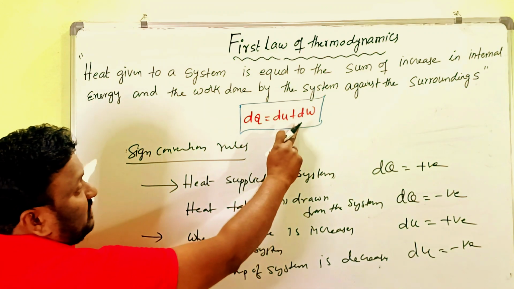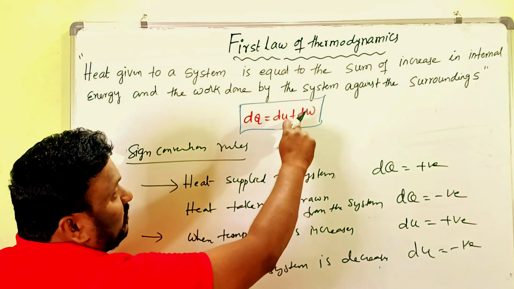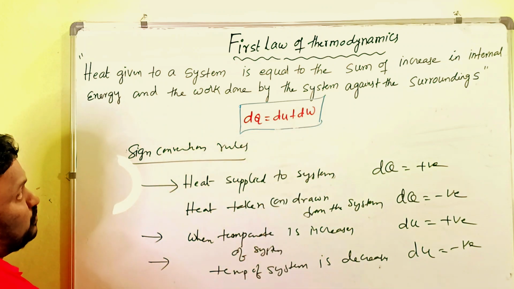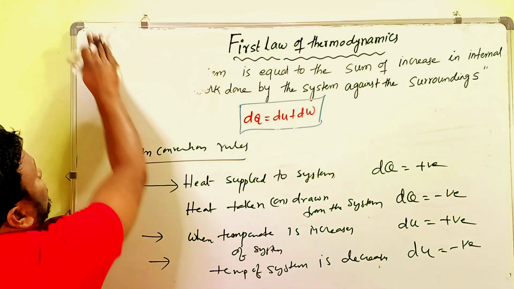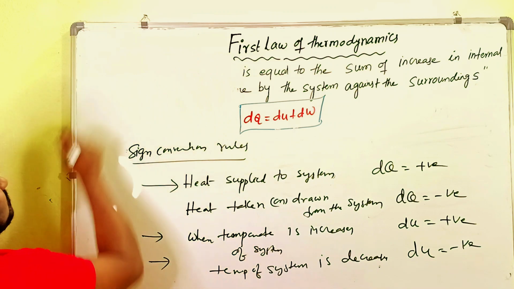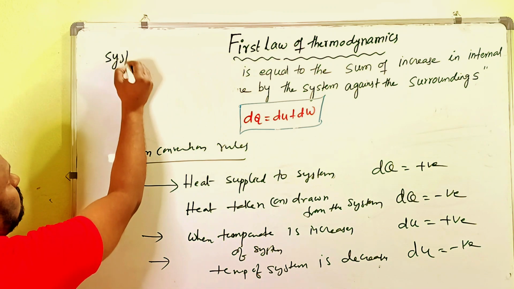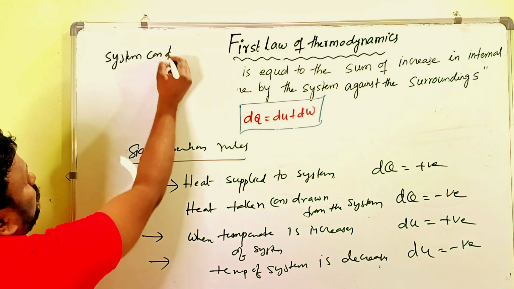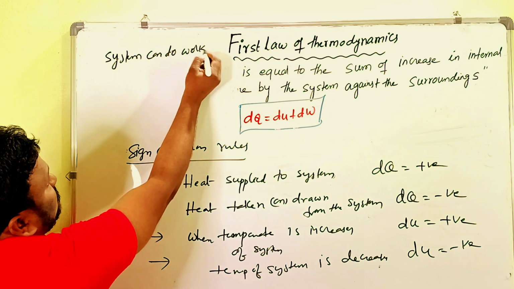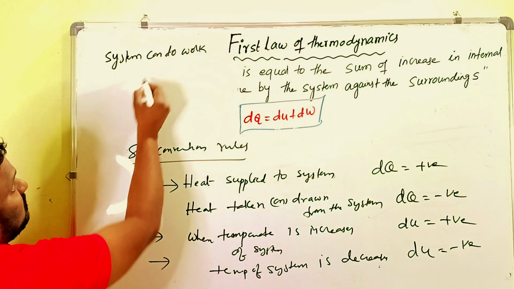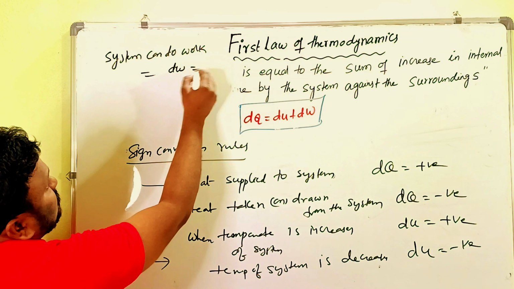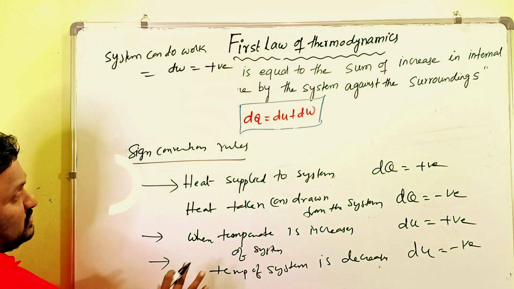And then when we take dw as positive and when dw as negative. If the system does work, that should be taken as dw positive.